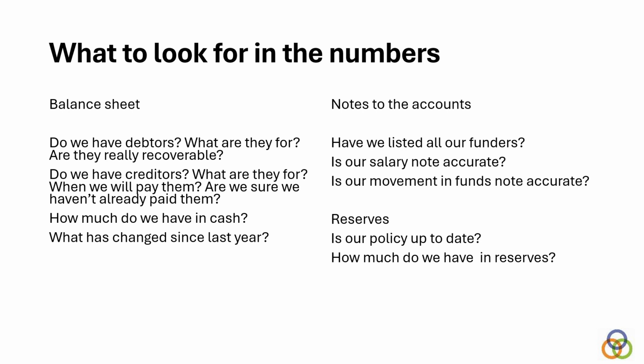This is the long one at the back that says what's left on each restricted grant or fund. I would check that. I think that really bears close scrutiny. I want to make sure that I am not hamstringing myself by putting out information that just might be wrong. That's not uncommon. I would really look at the movement in funds note to see what's left on all the restricted funds and make sure that's what we think is left.